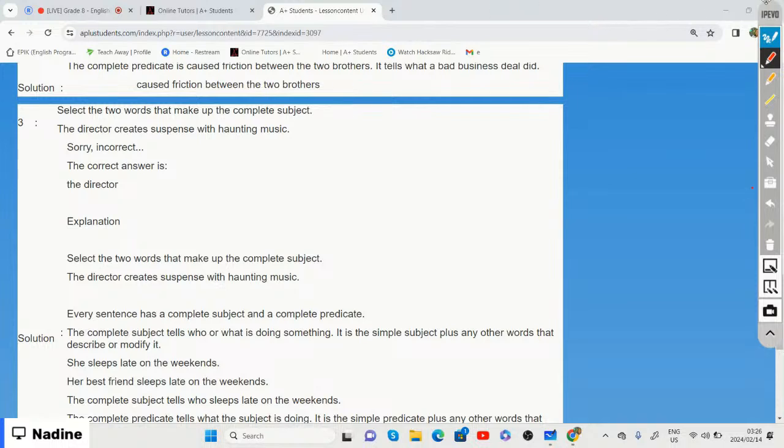So we need to select two words to make the complete subject, and we said it is the director. So the director, that is our complete subject. Because who is creating the suspense in the music? It is the director. Who or what is doing something? The director.